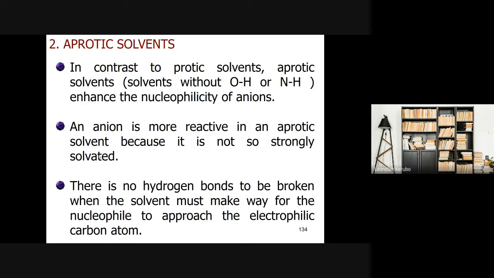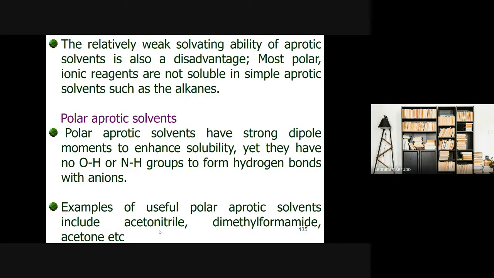Because of that, the anion will easily donate electrons to the electrophilic carbon. There are no hydrogen bonds to be broken, no solvent to remove to make way for the nucleophile to attack the electrophilic carbon. However, the relatively weak solvating ability of an aprotic solvent is also a disadvantage.